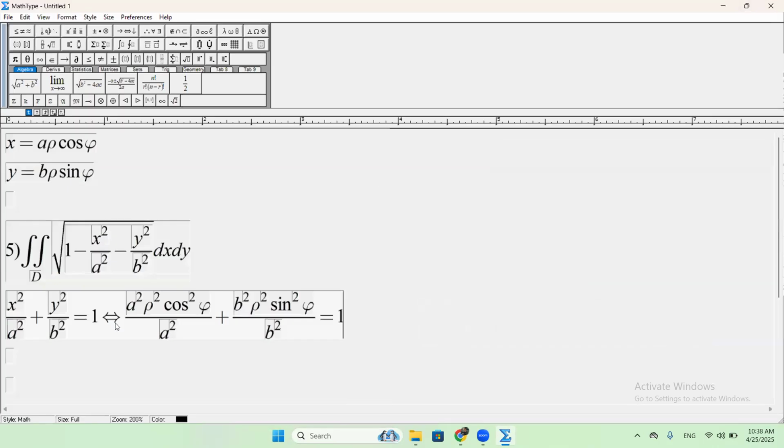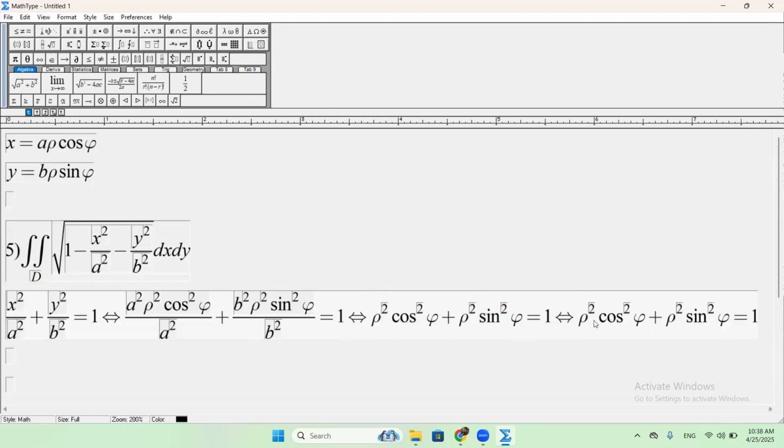Continuing to simplify, first of all we cancel a square and b square, and then we receive that rho square equals 1.